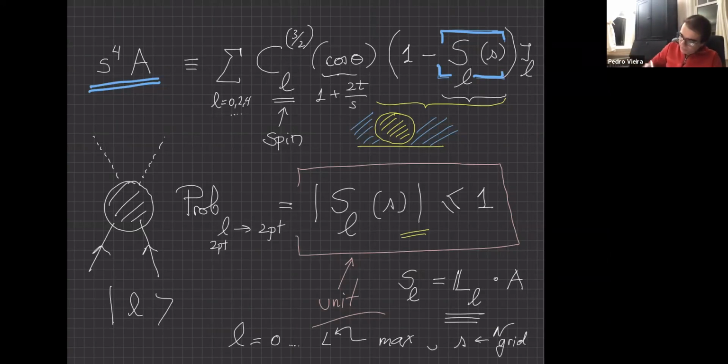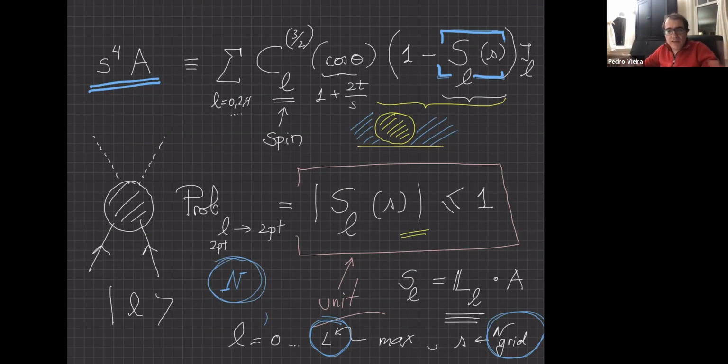You have to make sure that things converge: L needs to be big enough, the number of grid points needs to be big enough, and N, the number of terms in your ansatz, needs to be big enough. Then you have to play with these three numbers. A priori, if N, L, and N grid were all infinity, you should be describing all functions. But in real life, they are not infinity. They are 100 maybe.